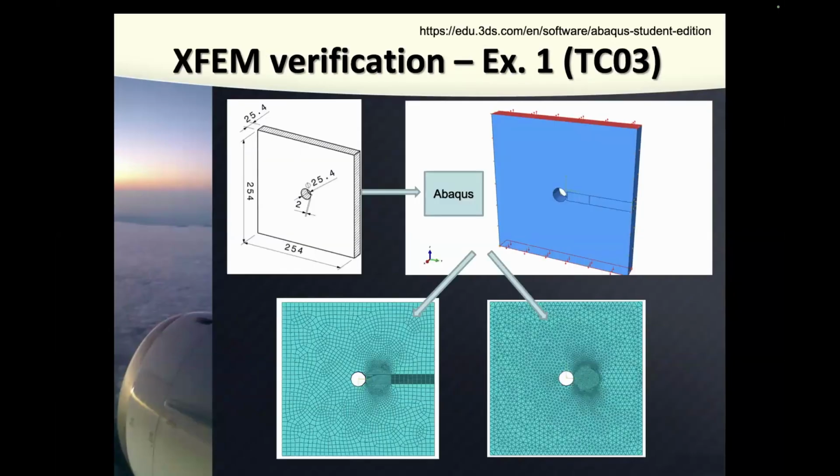So let's see, again, the same problem I used in Franc2D and NASGRO, now Abaqus. And you can see here, again, I made a denser mesh around the hole. Here I used, I mean, no, not quadrilateral, these are 3D elements, so these are hexahedral elements, and these are tetrahedral elements, okay?